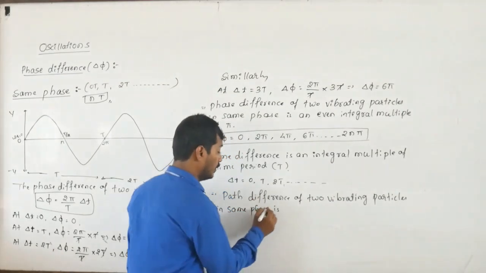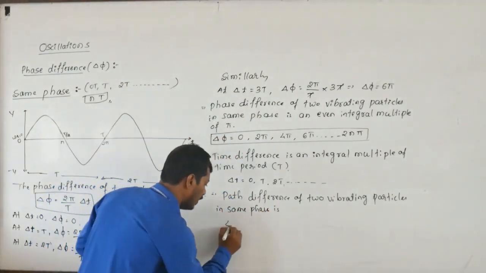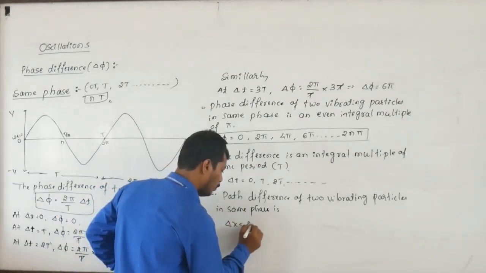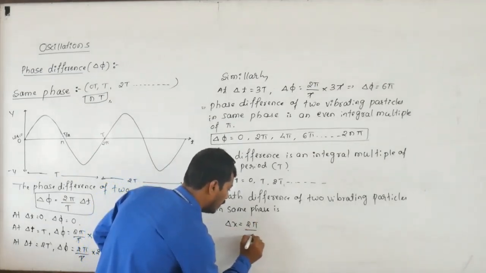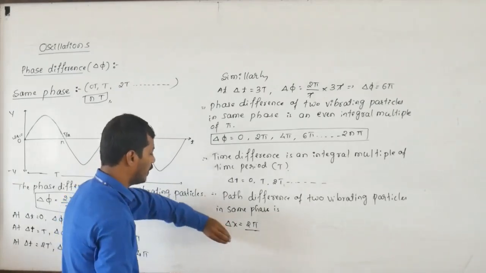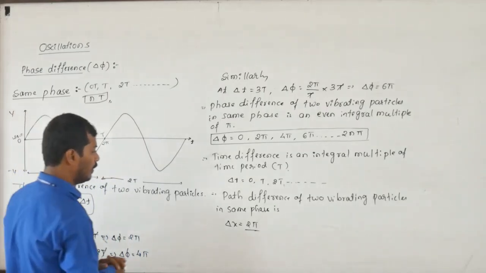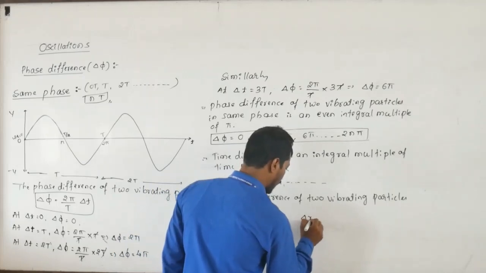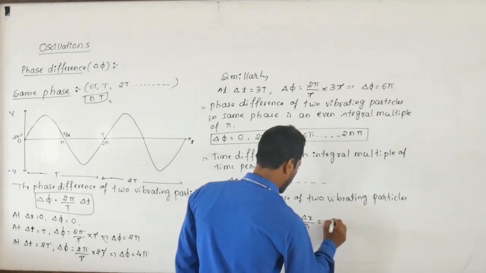The path difference is nothing but delta x. Delta x is equal to 2 pi divided by the path difference. We have to take the path difference here. The formula is delta x divided by lambda is equal to delta t divided by T.